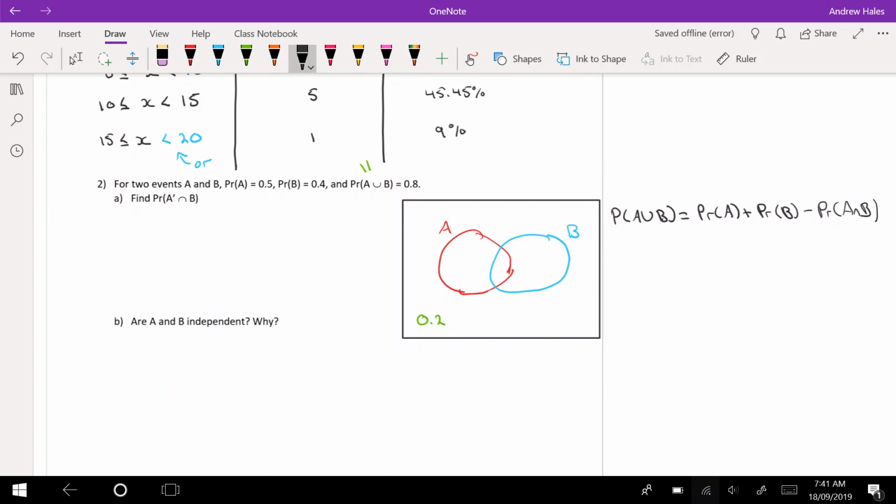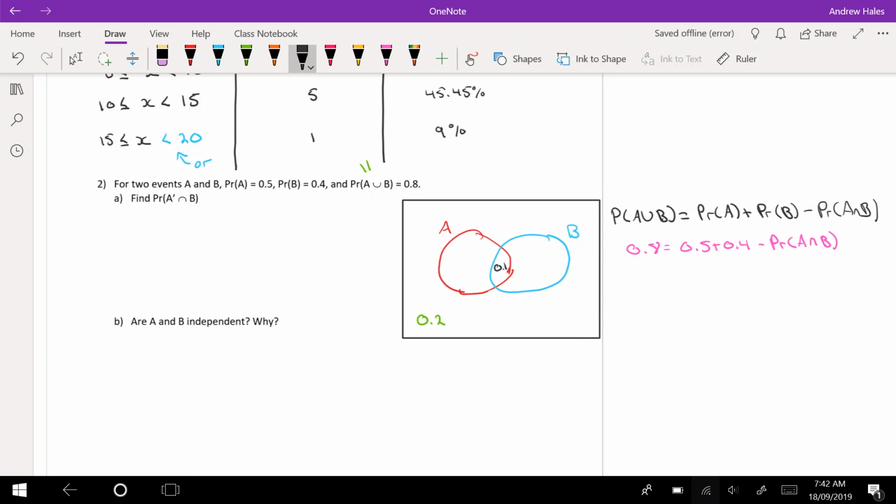Running out of room a little bit. Putting my numbers in, my probability of the union is 0.8. That equals 0.5 plus 0.4, take away my intersection. And it's pretty clear from that my intersection is going to equal 0.1.